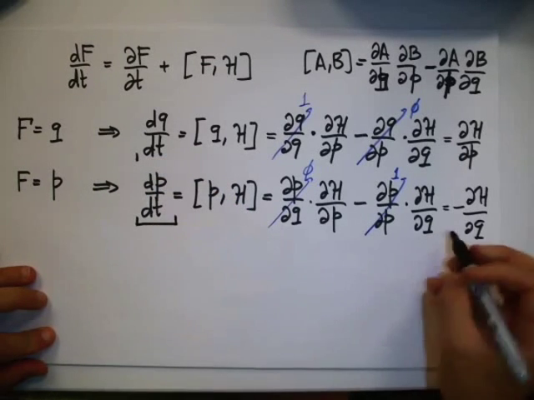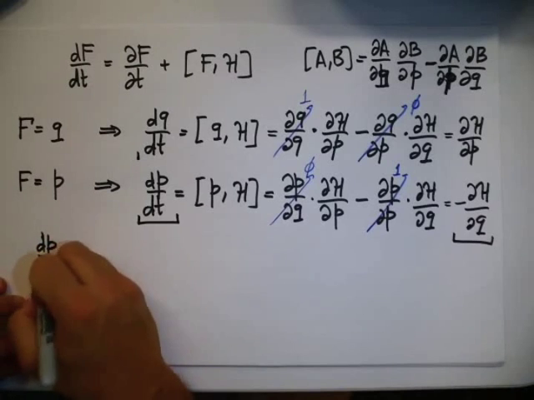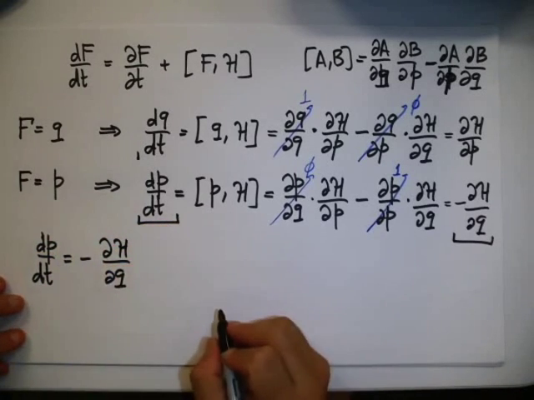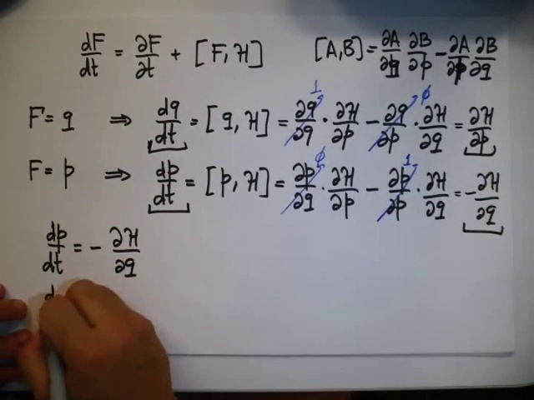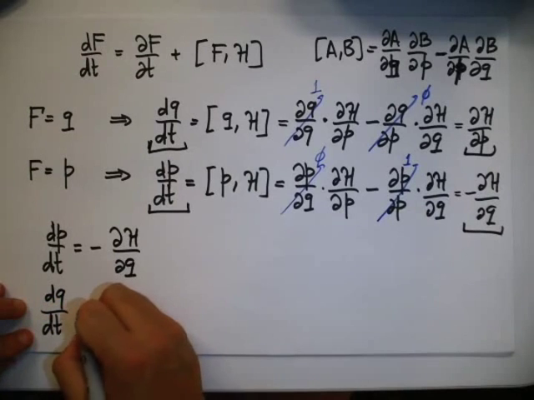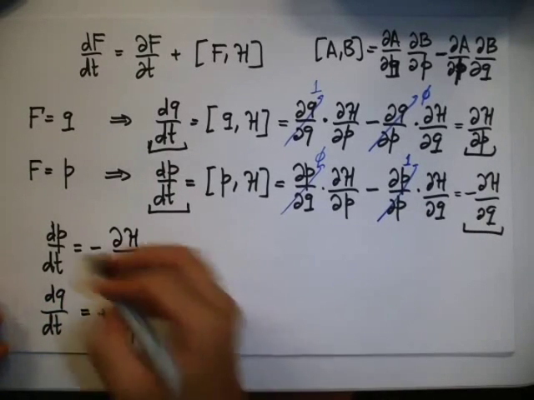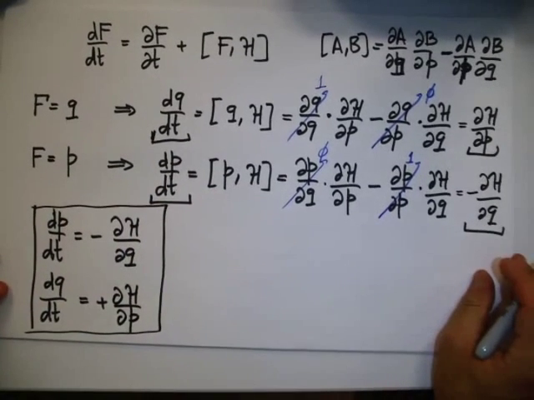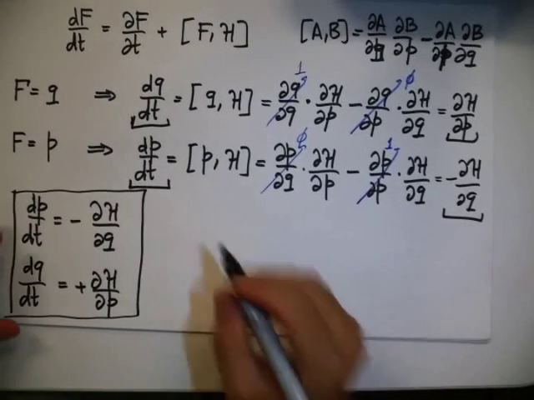So dP dt is equal to minus dH dQ, and dQ dt is equal to plus dH dP. And we recovered the original Hamiltonian equations.